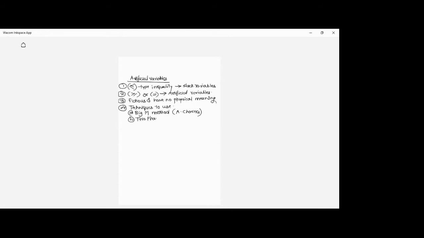In both these methods, we are going to use the artificial variables. This method was developed by Dantzig, Orden, and Wolfe. And these are the names of the mathematicians who developed these methods, right?